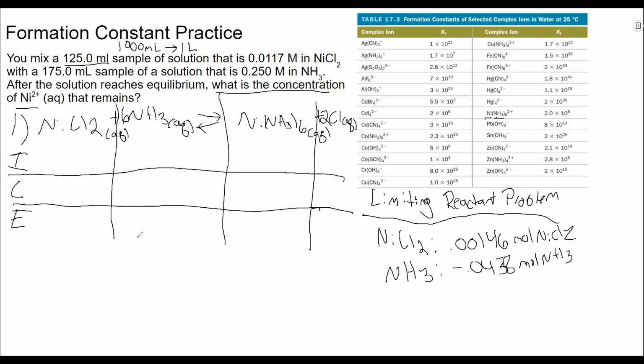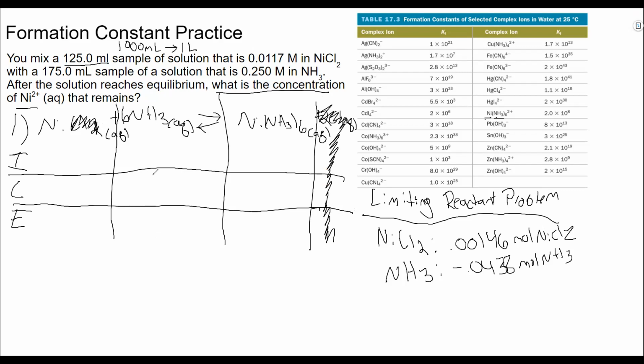All right, so let's take a look here. So we have nickel chloride plus 6NH3 goes to Ni(NH3)6 plus 2Cl. And since we're doing a formation, we're actually going to ignore the Cl. This might seem weird to do, but Cl is actually a spectator ion.